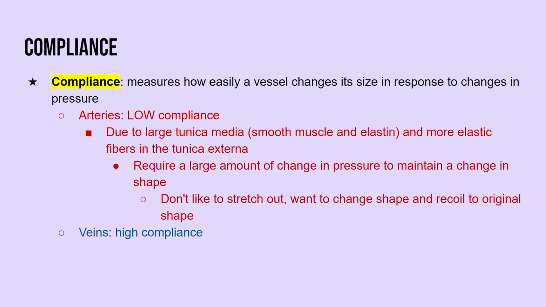So you need a large change in pressure to change their shape. They don't want to stretch out. If you get a lot of blood in the artery, they're going to want to recoil, which helps send the blood throughout the body and create the circulation of blood. Veins, on the other hand, have high compliance. They can stretch, store a lot of blood, and aren't really contributing to blood pressure as much.